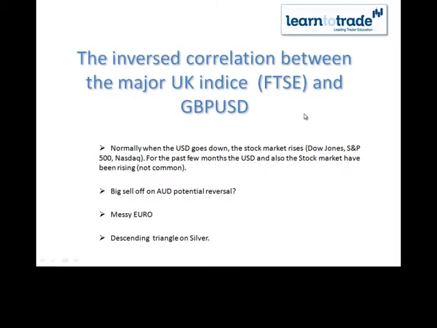First of all, normally, when the US dollar goes down, the stock market rises, right? Sorry, that's the opposite. The stock market, I mean, the Dow Jones, the S&P, and the Nasdaq. These are all US indices. So basically, when the stock market rises in the States, the US dollar goes down. So that's the opposite.